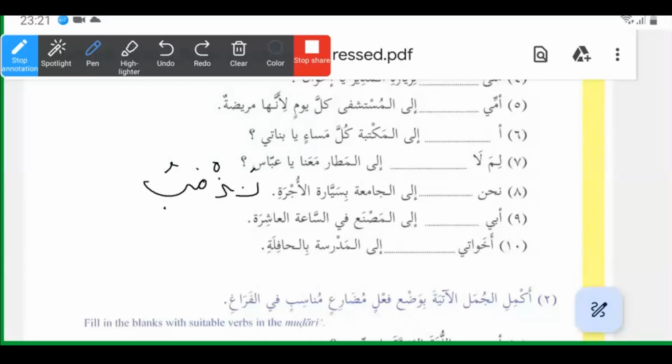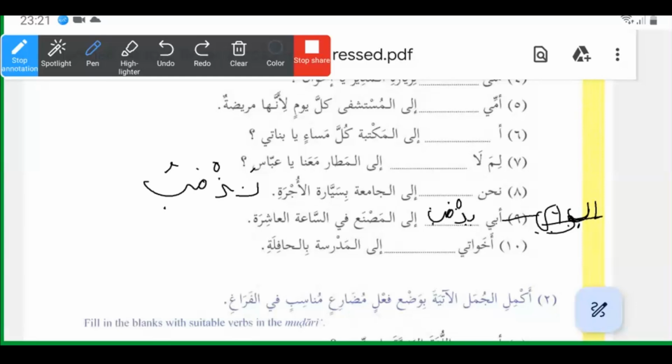أبي يذهب إلى المصنع في الساعة 10. Abi, again it's a third person, and Abi means Abu with ya mutakallim, my father. So it is a third person. It means Yazhabu. Abi yazhabu ila al-masna.